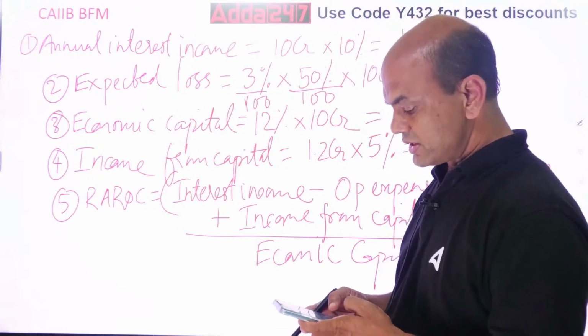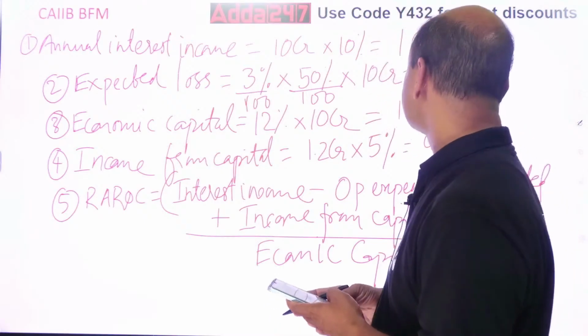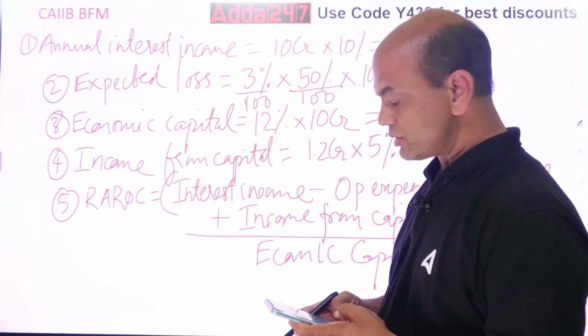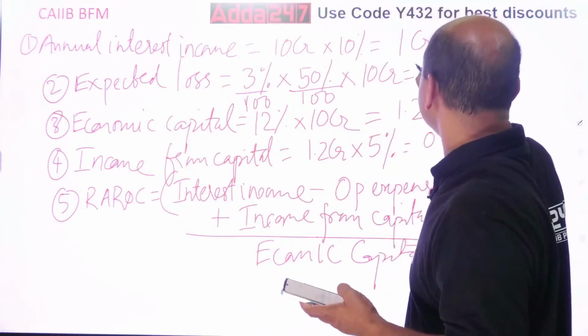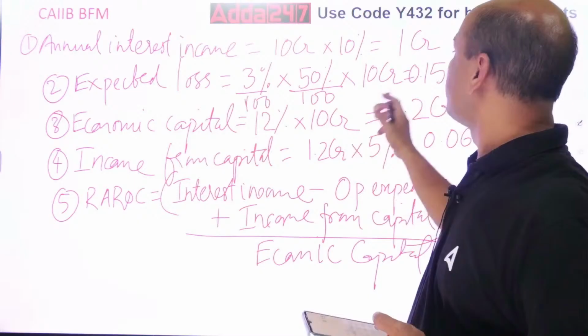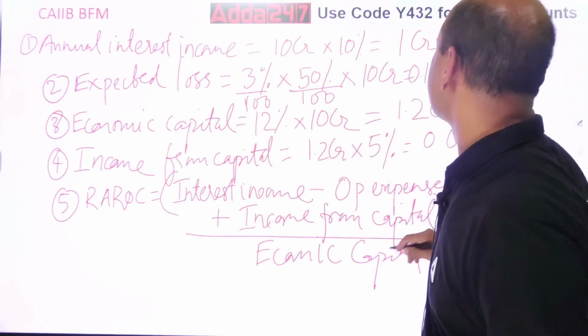Into 10 CR. Let's keep it in CR only. So 0.15. That's what I was also wondering, how come you were getting 15 as a loss? So 0.15 CR.